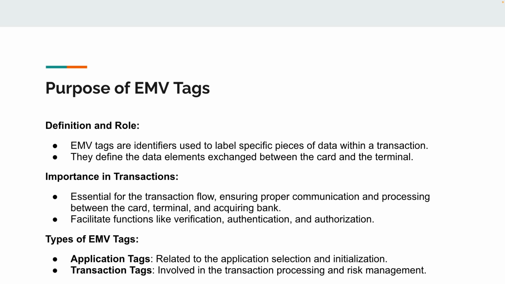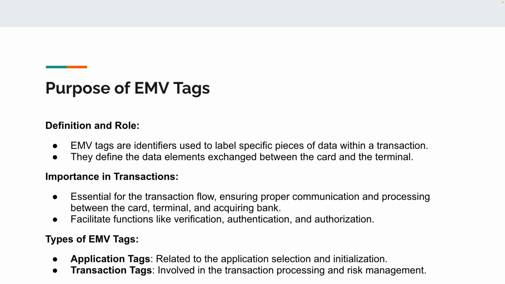Okay, so we have types of EMV tags. We have the application tags and we have the transaction tags, right? Application tags are related to application selection and initialization. If you're familiar with the EMV process, the first processing step between the card and the terminal is what they call application selection, or some people call it select application, or card initialization.